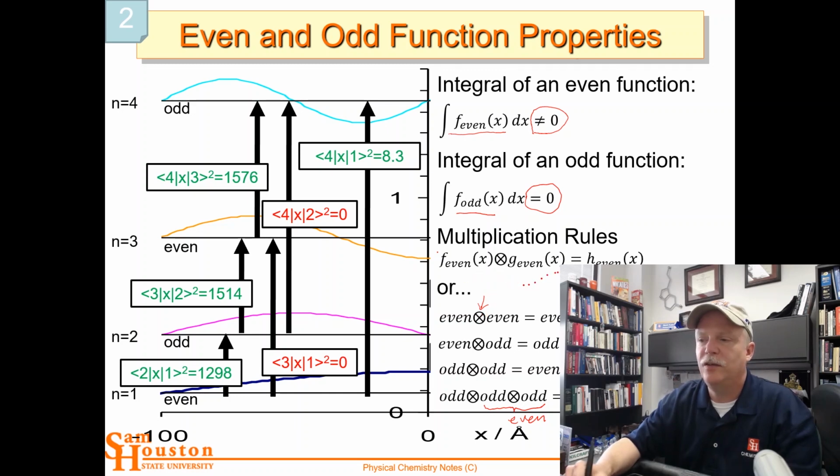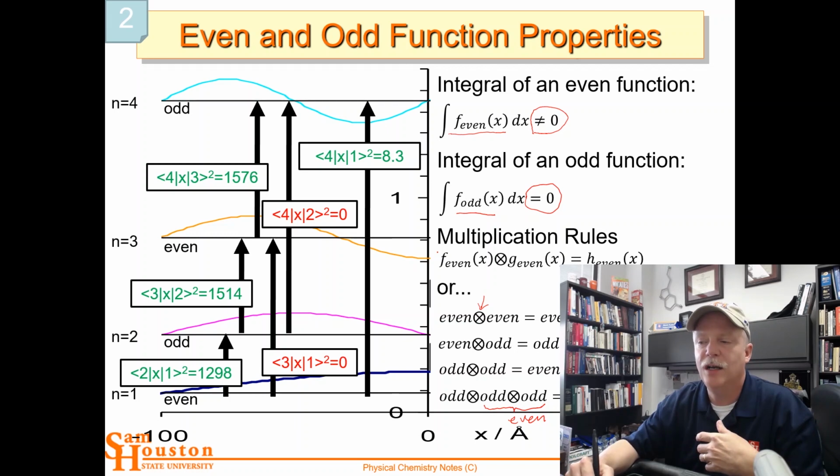So if we just abbreviate and get rid of the g's and h and f, we have even function, direct product with an even function, the result is even. You can think of this as like the multiplication rules of positive and negative numbers, because again, those function results, f of x, are going to be either a positive or a negative number. And so if you have positive numbers times positive numbers, you end up with positive numbers.